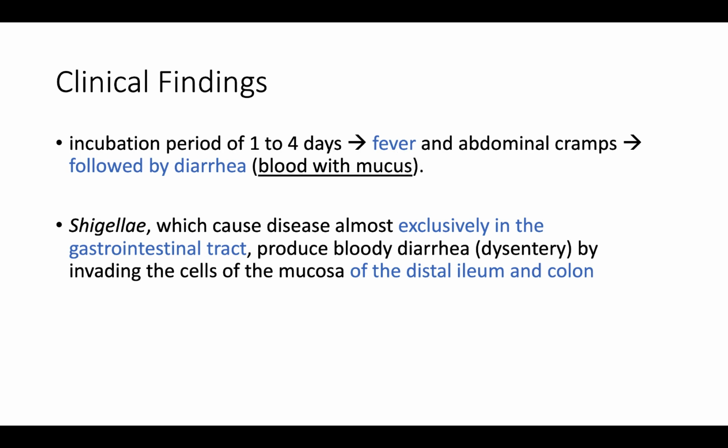Shigella, which causes disease almost exclusively in the gastrointestinal tract, produces bloody diarrhea by invading cells of the distal ileum and the colon. The jejunum is usually, we can't say sterile, but it doesn't usually have bacteria.